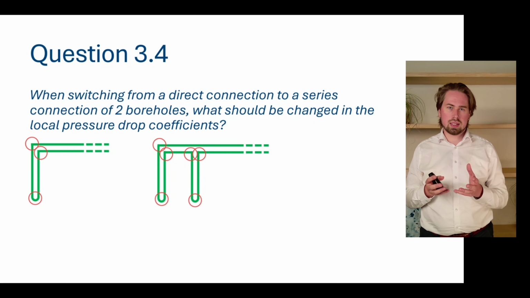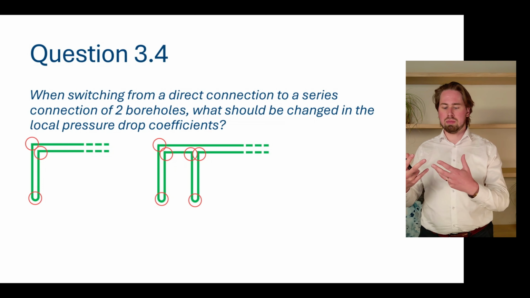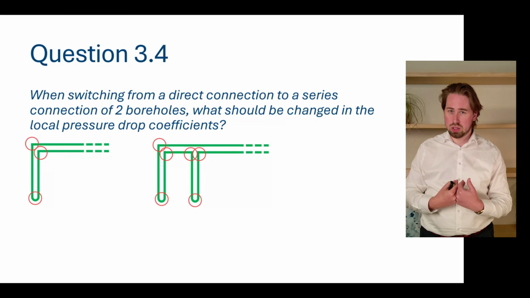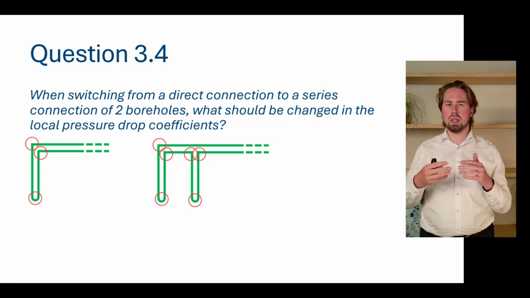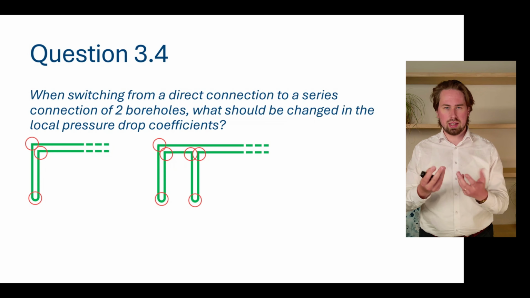But the thing is that this is not very important, let's say in this case, because the most significant change will be that we go from a direct connection to a series connection. So our flow rate will be twice as high as in the initial case, meaning that our friction factor and so forth will also be significantly higher.